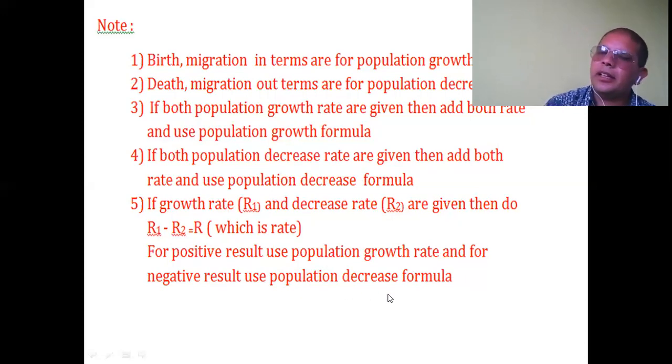Don't forget, if there are different rates for the same year, don't be confused. For the same year, you can use this concept: add if the same kinds of rates are there, and subtract for different cases. R positive means the increase formula, negative means the decrease formula. I will give you an example also.